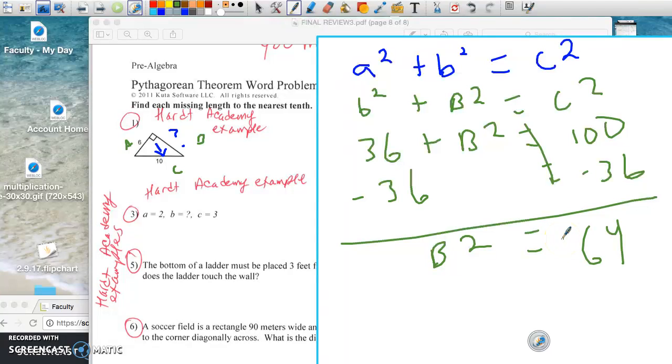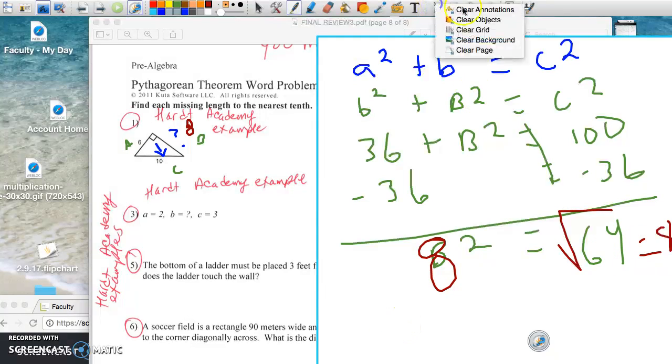It's 8, because 8 times 8 is 64. So the missing side, b, is going to be 8, because if I replace this with 8, ta-da, 8 times 8 is 64.